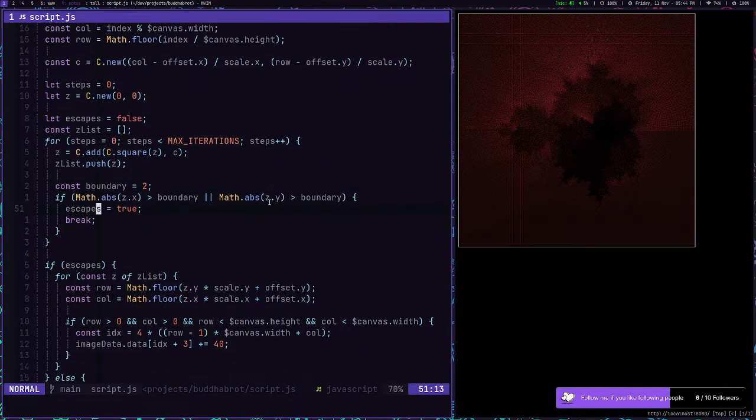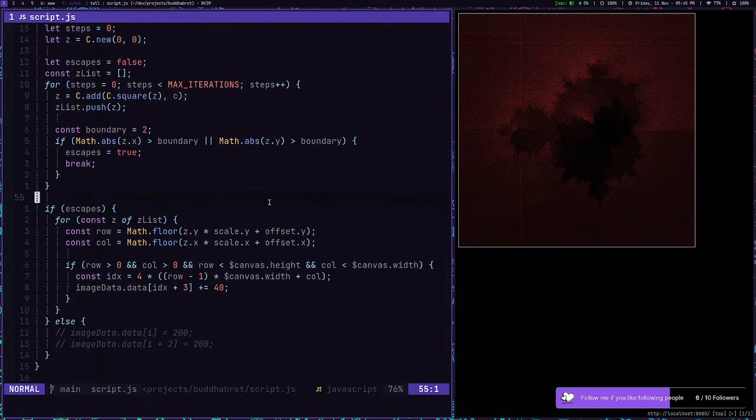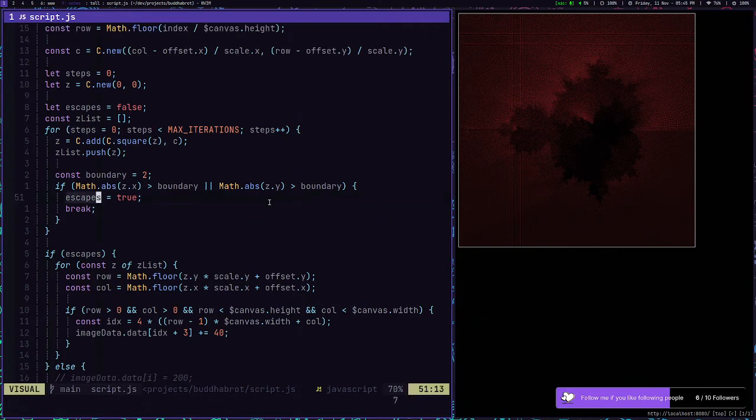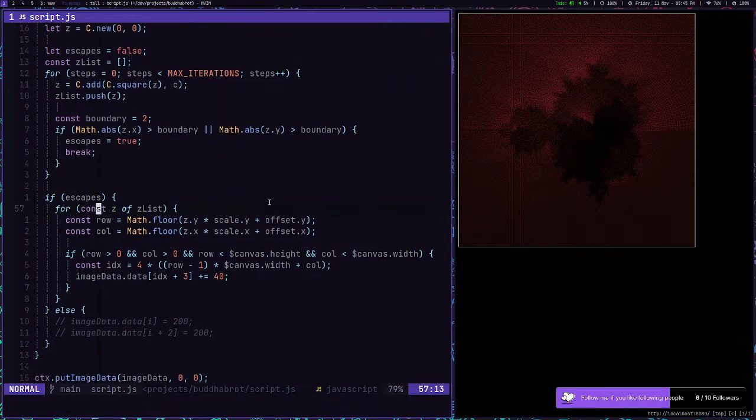If it doesn't escape, we ignore it in our second pass. If it does escape, we go through the points that we visited and we increment the opacity channel, the alpha channel, and that's what is happening right now.